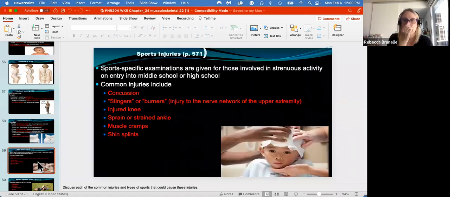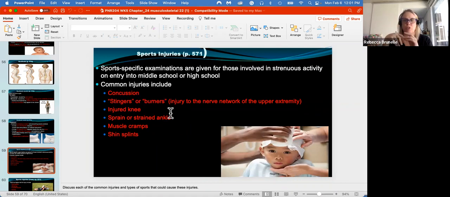So when we're talking about kids, we always need to remember that they're likely playing sports and can end up with sports-related injuries. We talked about a lot of the sprains, strains, and fractures. You might see this term again, stingers or burners.